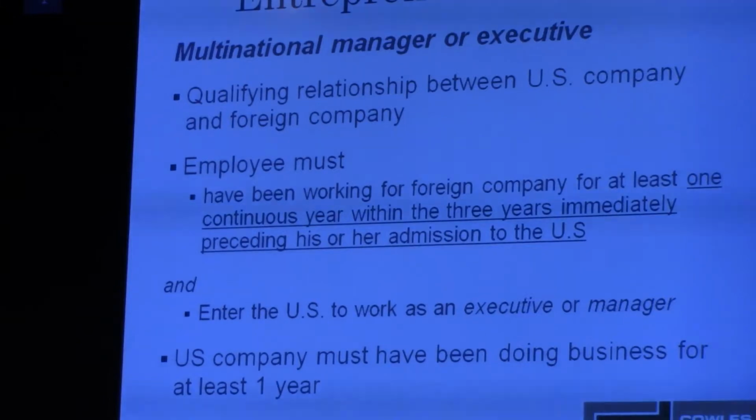Also, when you're looking at the qualifying relationship, here is where we can see a key difference with the L1A. Because when you file for the permanent resident based on the multinational manager or executive category, what they're going to be looking at is that the share ownership in the United States is pretty much the same as the ownership outside the United States.